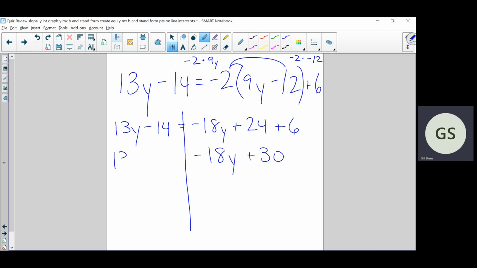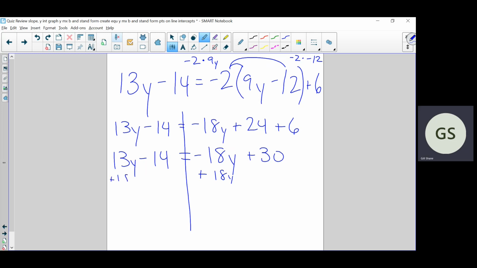So, I have 13y, subtract 14. Now I am at step 4. That's what we just did, the problem before was at this step, so I'm going to do this pretty fast. I start with the term with a variable on the right. I add or subtract, and it needs to be the opposite. That's negative 18y, so I need to add 18y.